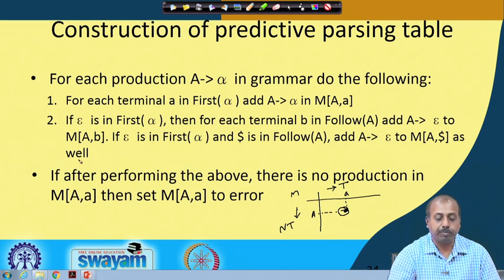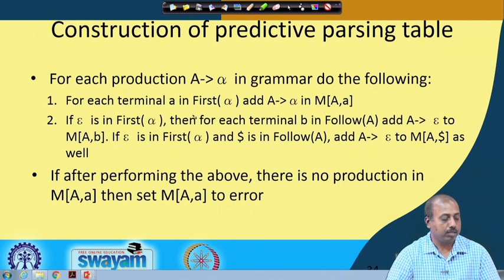And finally, if epsilon is in first of alpha and dollar is in follow of A, then we add A producing alpha to M[A, dollar] as well. After doing this, whatever entries are undefined, we mark them as error entries.